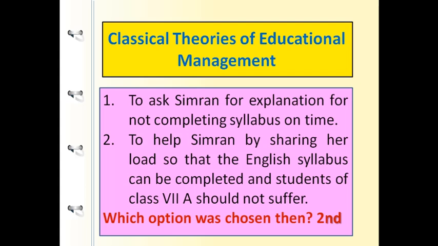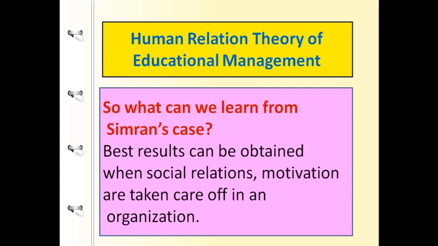Which option was chosen by the head of the department? The second option. She preferred to help Simran and shared her workload so that the syllabus could be finished and the students were happy and could appear for the exams easily.